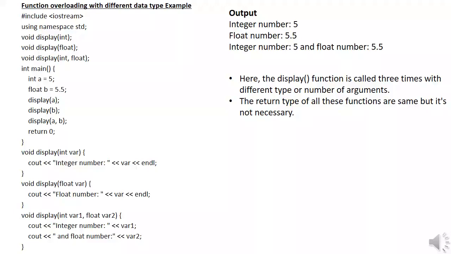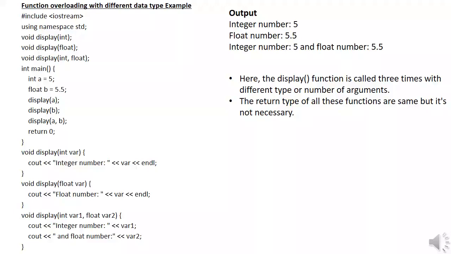The third function accepts two arguments, first an integer and second a floating point. It will display the integer number with whatever value you are passing to the first variable, then the float number with whatever value you are passing as the second argument. So this is the way of executing this program.